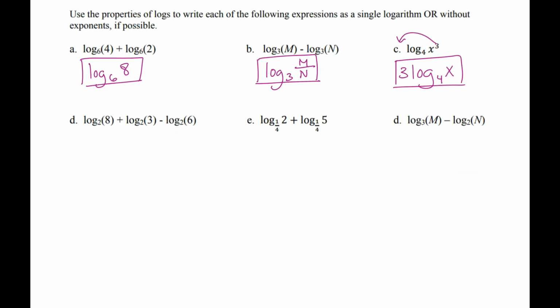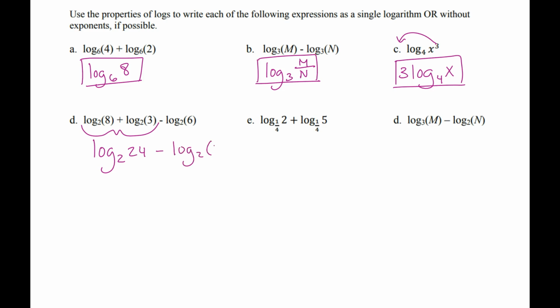Part D. How is this going to work? Both are going to be logs base 2. So together, log base 2 of 8 plus log base 2 of 3, you multiply 8 and 3 and get 24.